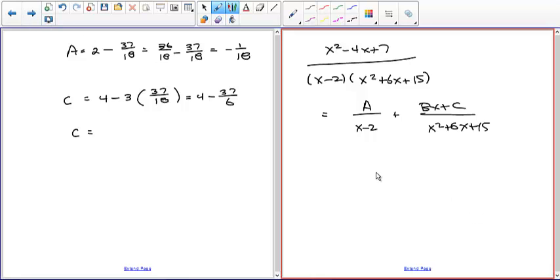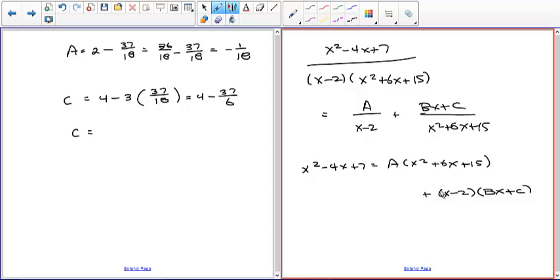And you still cross multiply. So if we do that, the numerator on the left-hand side is going to be equal to A times x squared plus 6x plus 15 plus x minus 2 times Bx plus C. So it's really not that much more complicated than the last one.